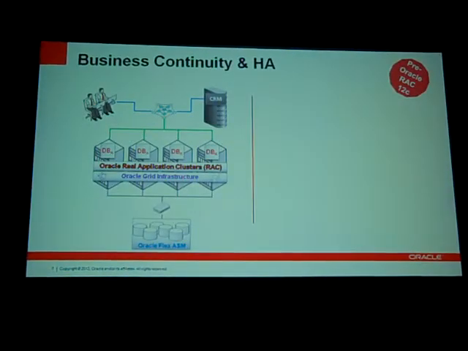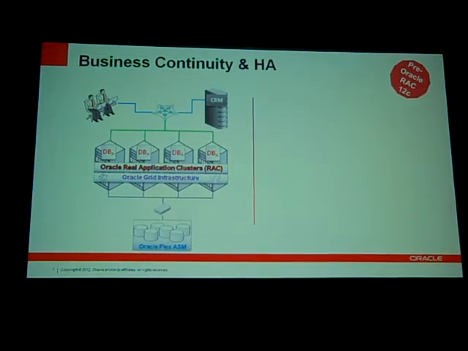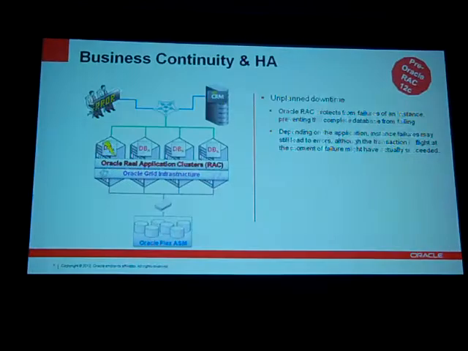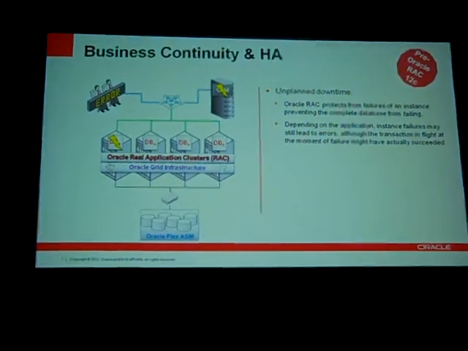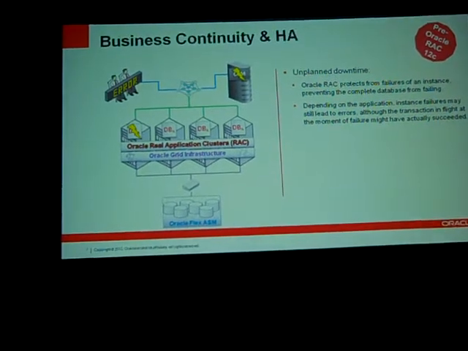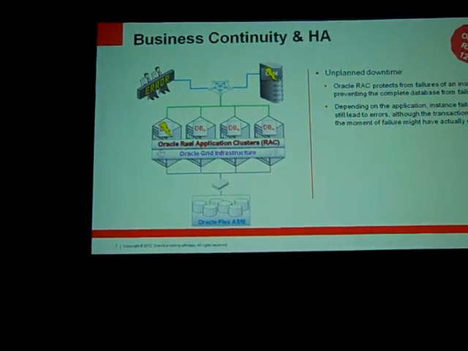That said, one of the major feedback we have received with RAC, and I believe some of you already know this, is that we have always been very good in preparing for unplanned downtime, in a way that if an instance fails, we would still provide database service to the application.